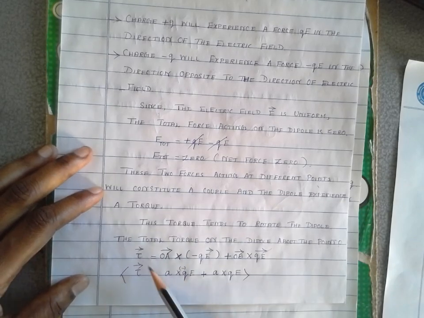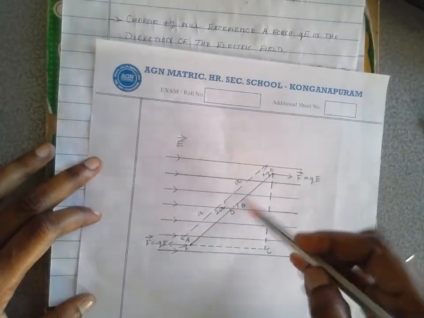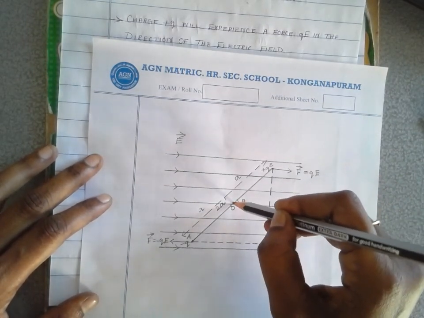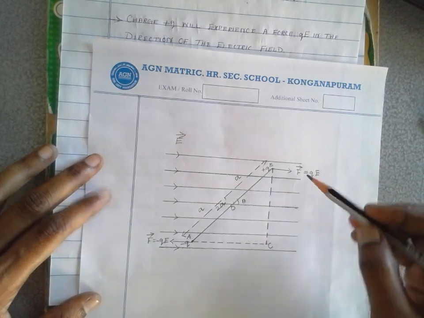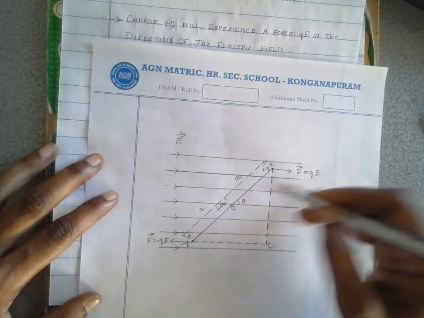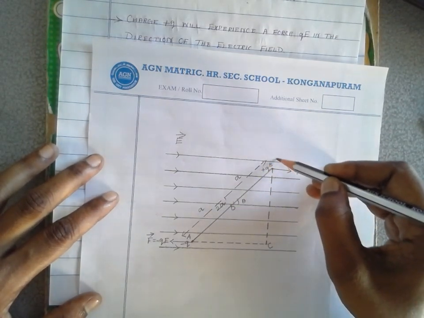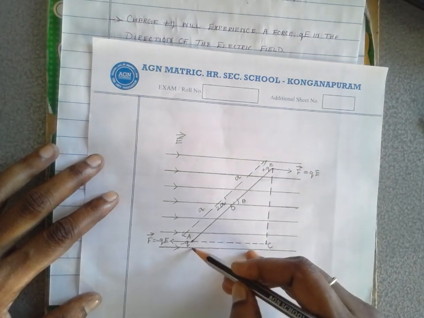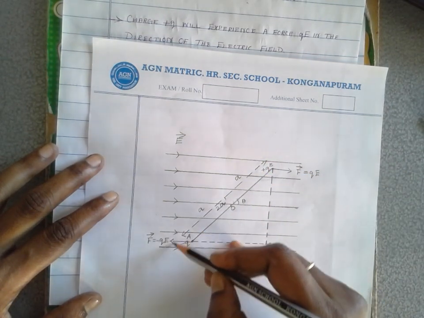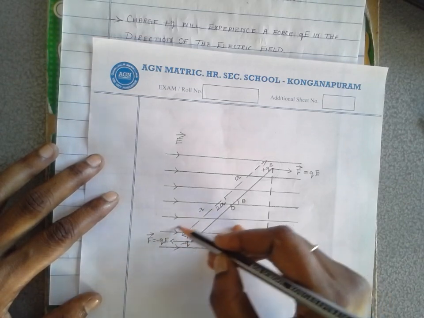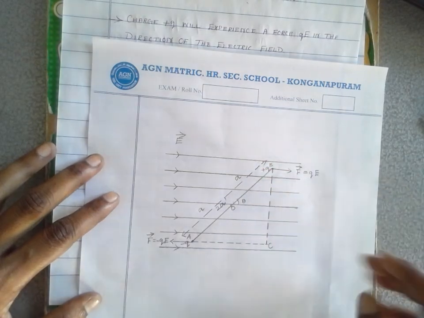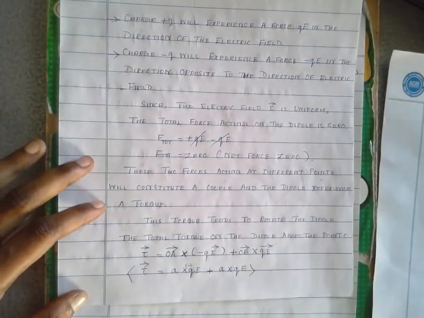The total torque acting on this dipole is equivalent to the sum of the torque due to the force experienced by the negative charge and the force experienced by the positive charge.